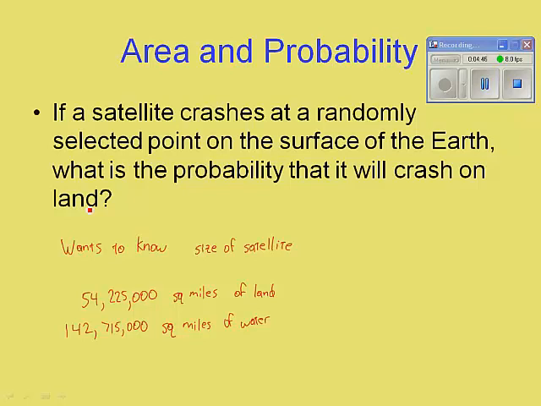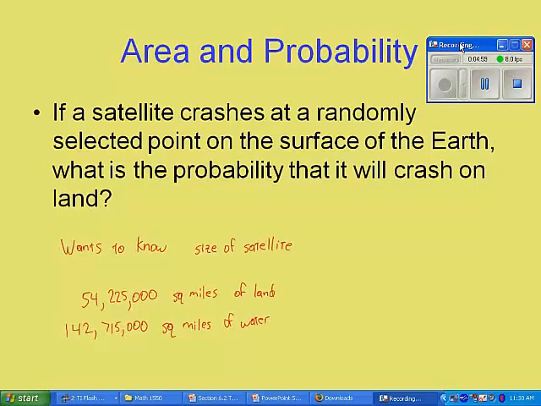Now, do I have enough information to solve the problem? Yes? Why? Well, now you can do percentages, right? So what do I want to do? Let me get my calculator out.